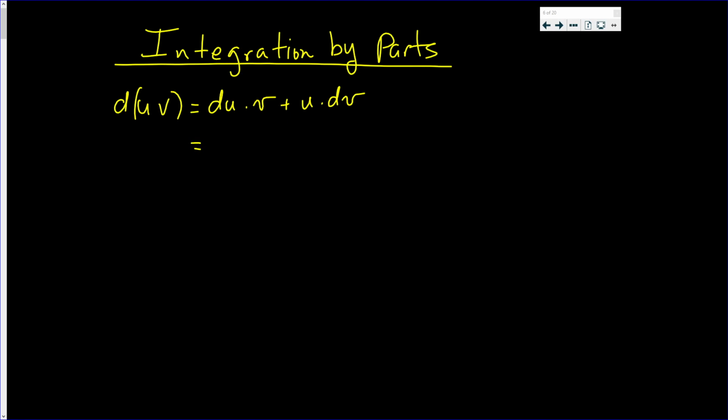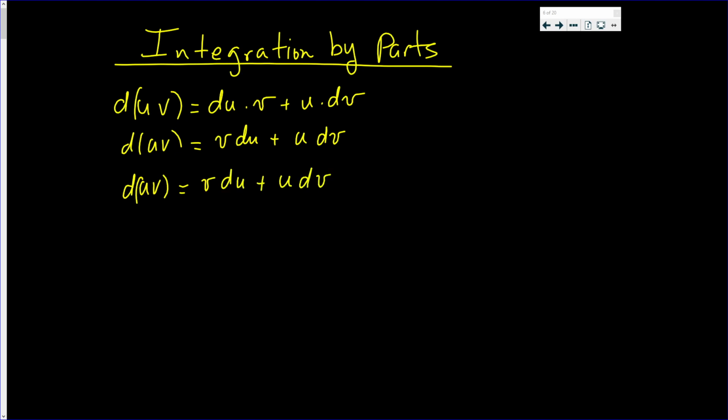And I'm going to put the du at the end. So this is v du plus u dv, and this is the differential of uv. And now I am going to denote that I'm taking the integral of both sides. So I'm going to take the integral of the left side.